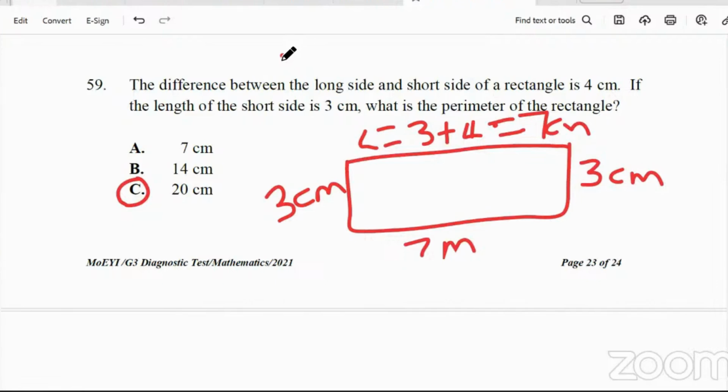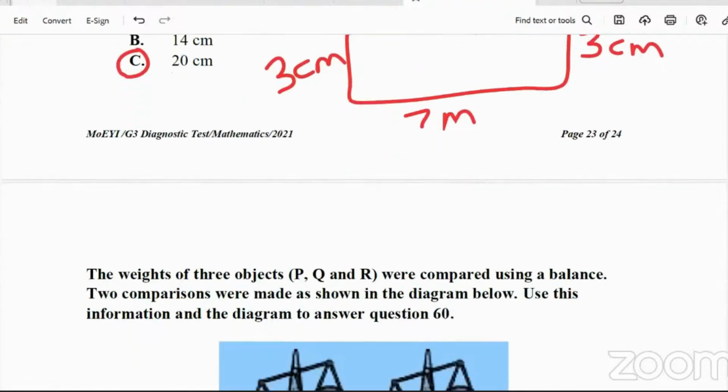So we don't know what that is. Because we know that we subtracted 3 and we got a result of 4, if we add those together, it would give us the total, which is 7. Hope that's a little bit clear for you guys.